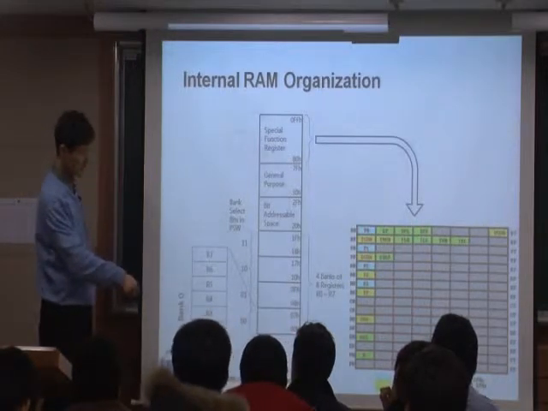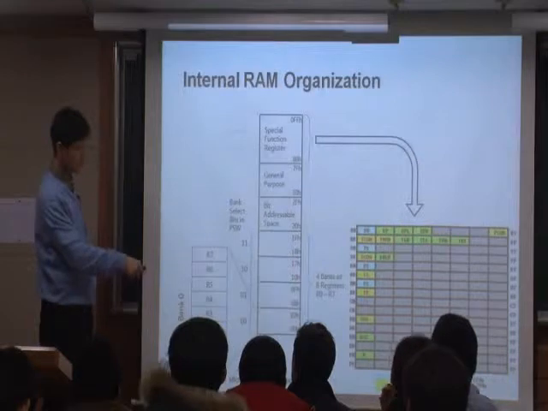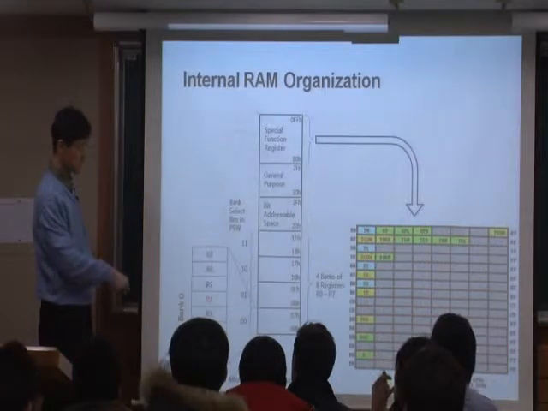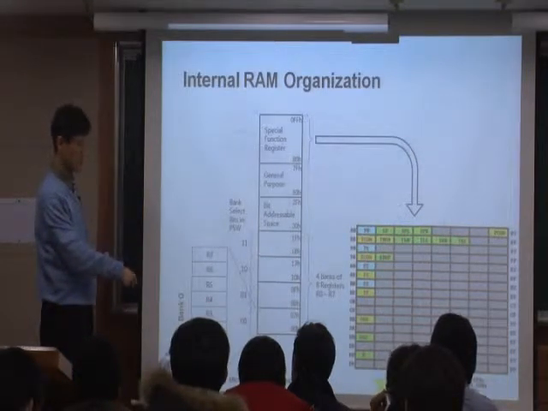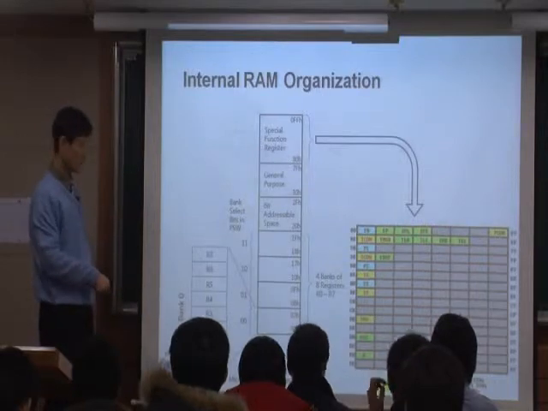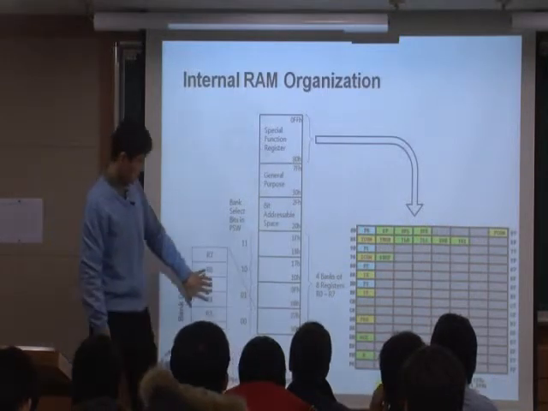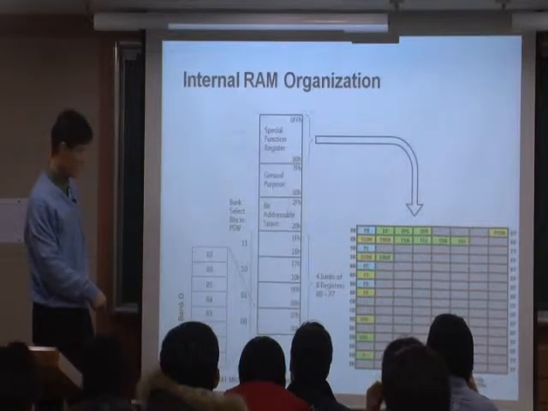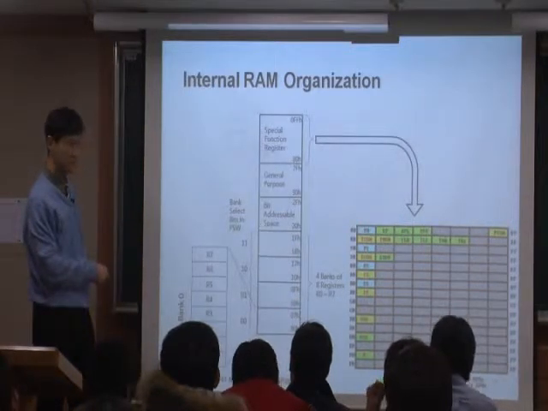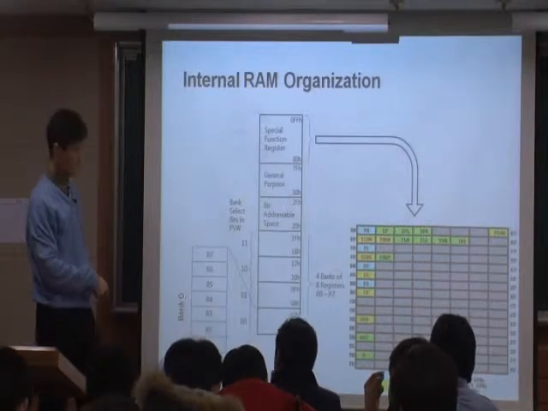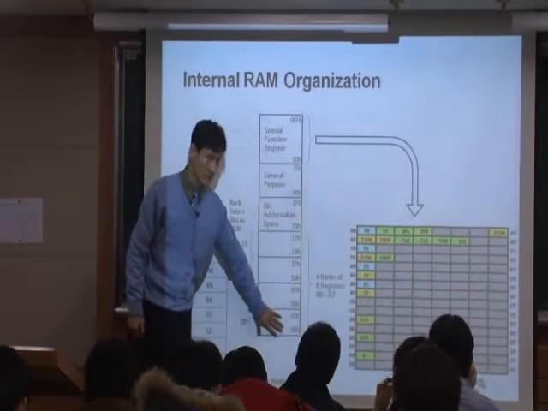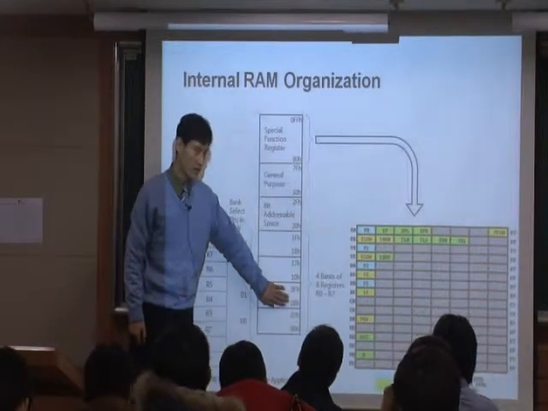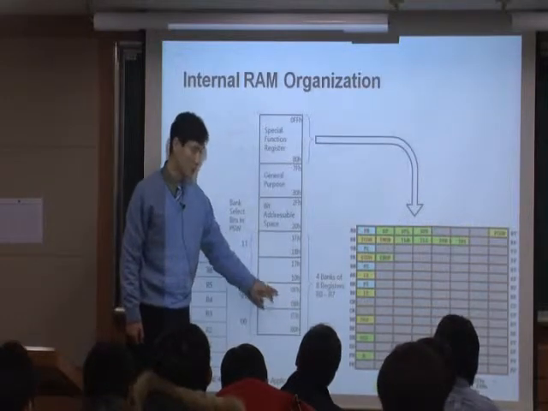In this case, it's like a memory bank. You have bank 0, bank 1, bank 2, bank 3. This one is one bank, and you have 4 of them. In each bank, you have registers called R0 to R7, 8 bytes. In bank 1, we also have R0 to R7.